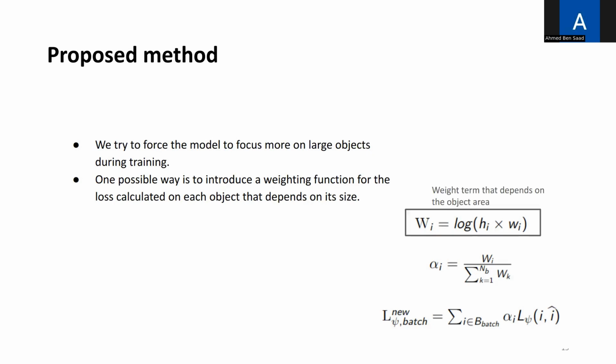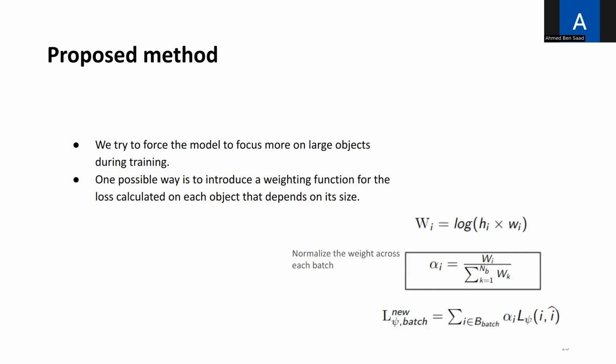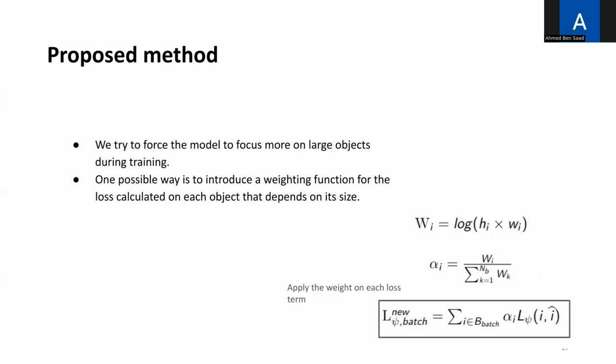As you can see here, we normalized the weight across the batch, so we get weights between 0 and 1, and then we applied this function on each loss term, on each object whose loss is being calculated during the training. So this has many effects.